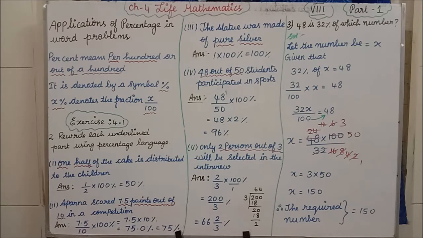In that, the first question is fill in the blanks, so you can do it by yourself. I am going to start from the second problem. Based on the same model I am teaching in this exercise, you have to work it out. We will start the second question: rewrite each underlined part using percentage language.